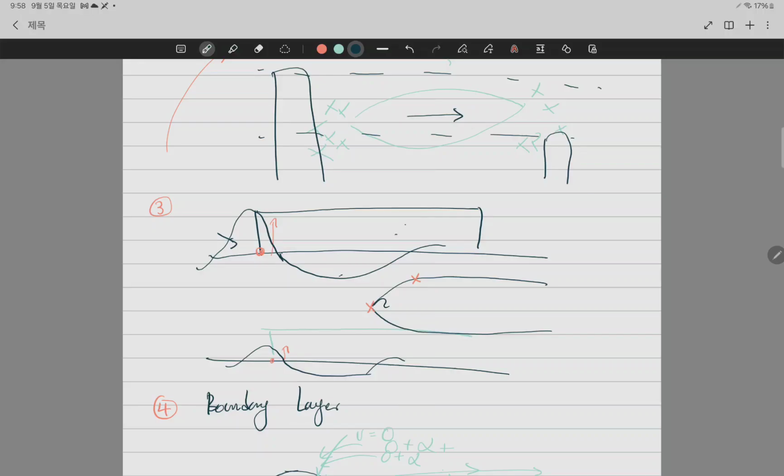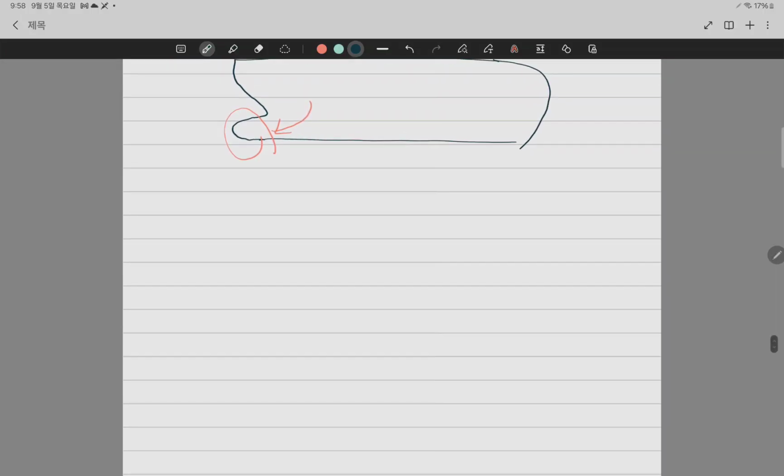Therefore, the wave would be created like that, and at this point, a wave is created like this. Now, you should know from basic knowledge of physics that if this wave and this wave meet, they kind of annihilate.